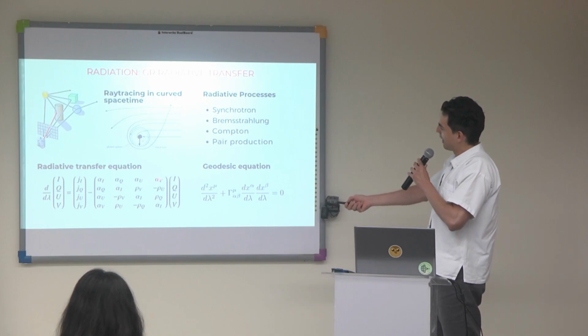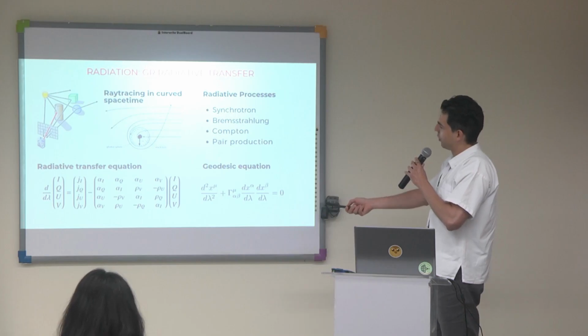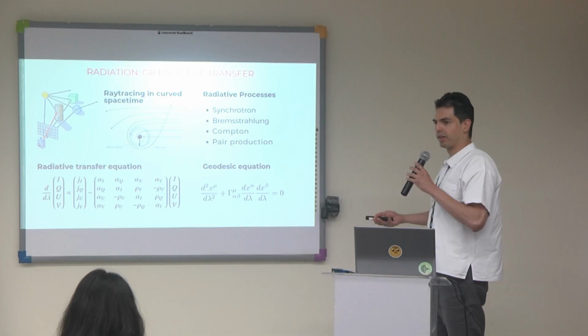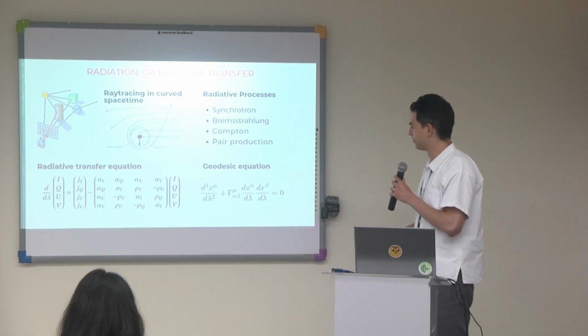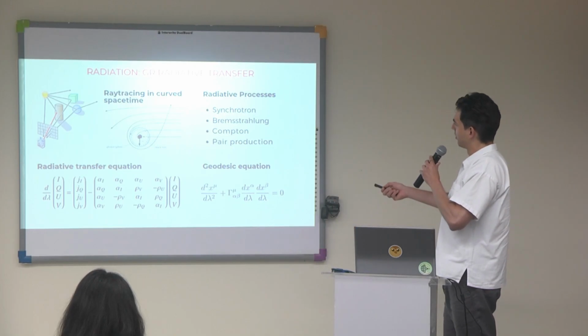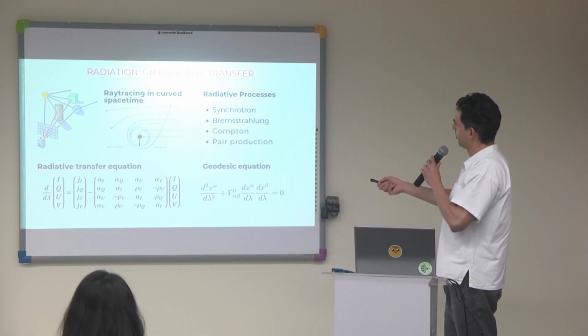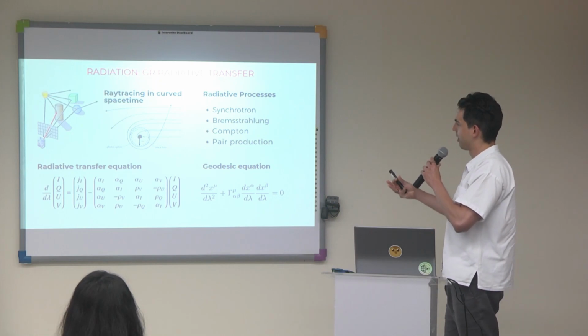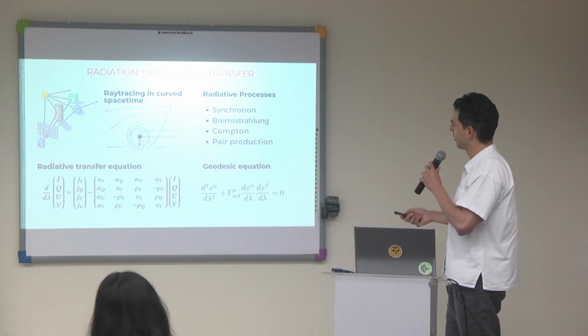Then, in order to find what these coefficients are, we need to know the radiative processes that are taking place in the plasma. These are mainly the processes that I have listed here. We have synchrotron radiation, which is associated to having a very ionized plasma and a magnetic field.